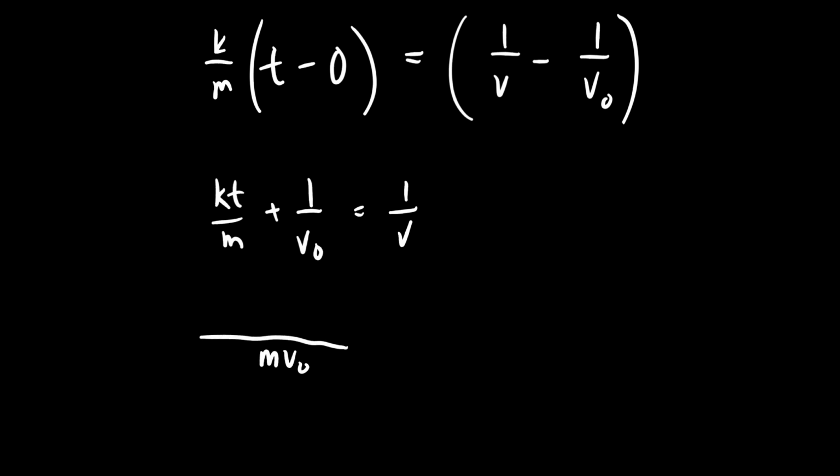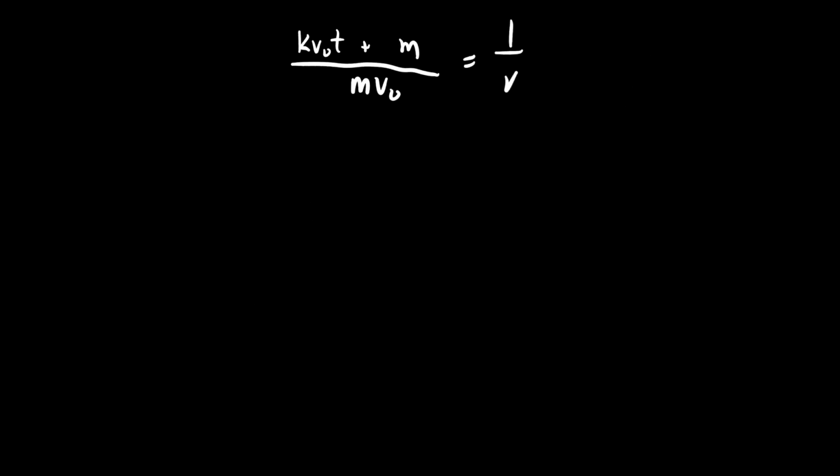And so that will make this k v naught t plus m. Common denominators. All good? You guys see what I've done there? Any questions about that? And that equals 1 over v. So now I will invert both sides. So I'll get v equals m v naught divided by m plus k v naught t.